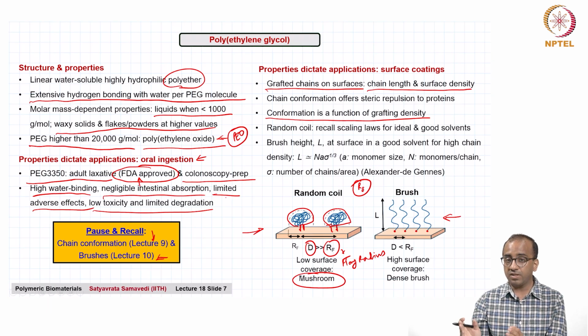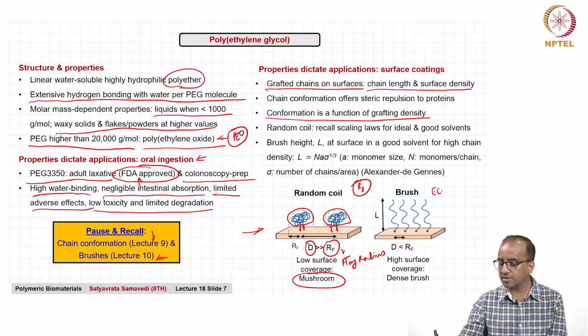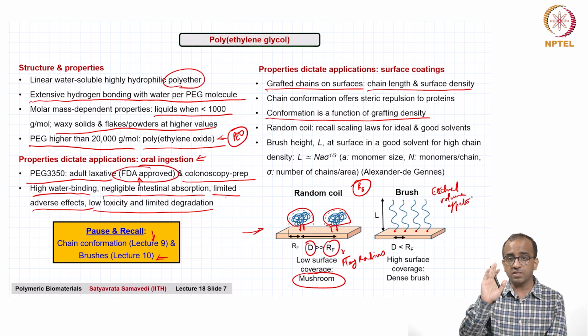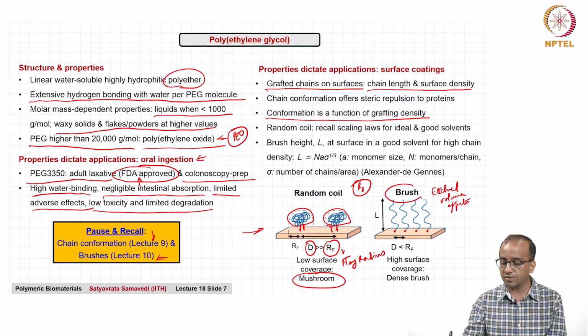Now, if the chains are placed very close to each other, where the grafting density is very high, then because of excluded volume effects, these chains will stick out like a brush, as shown here, where the distance between them is lower than the Flory radius, resulting in a dense brush which happens at high surface coverage.